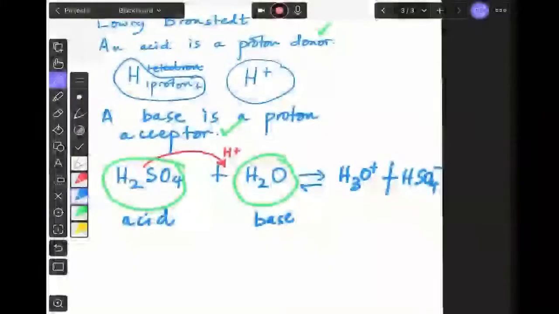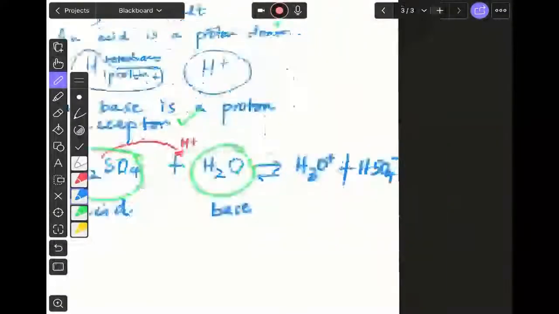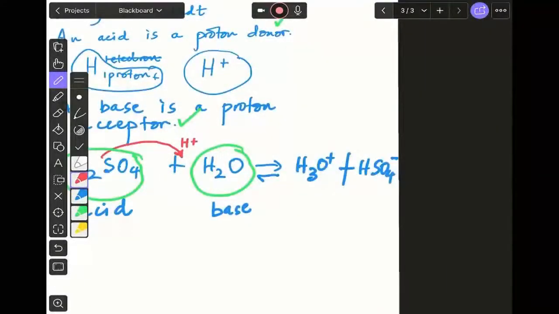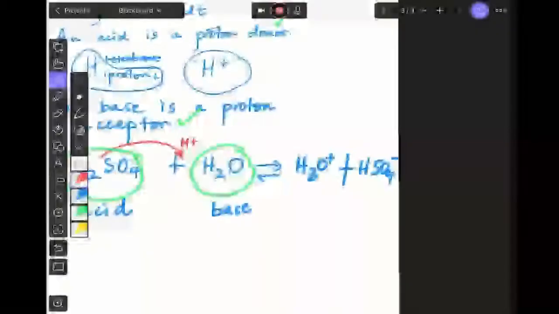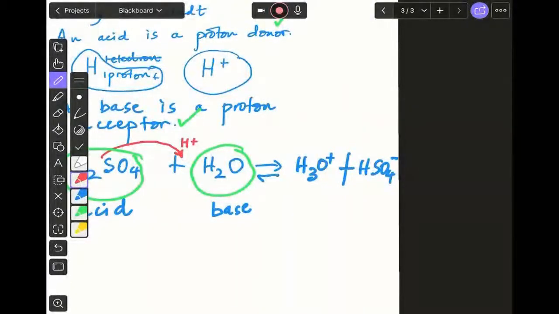If we look very carefully, in the reverse reaction, the proton goes the other way. So the H3O plus donates a proton to the HSO4 minus. When it donates a proton, the H3O plus becomes H2O.